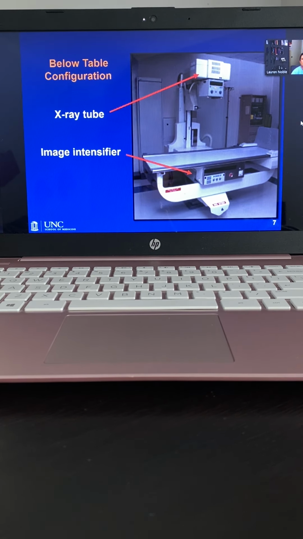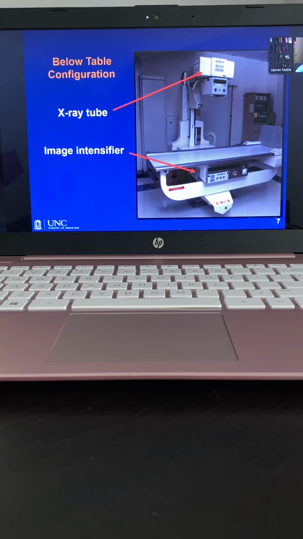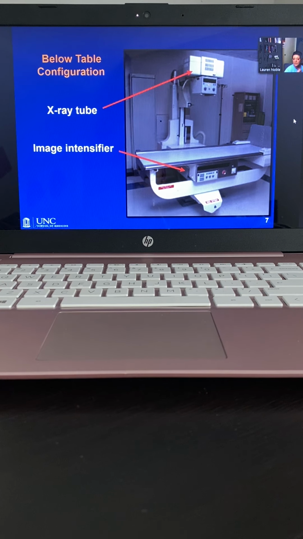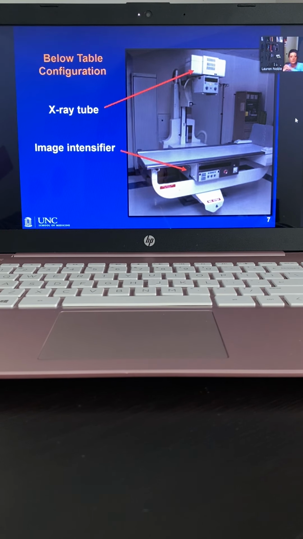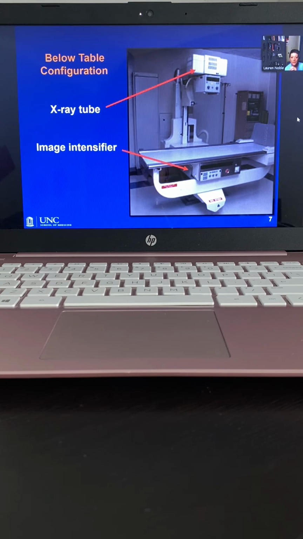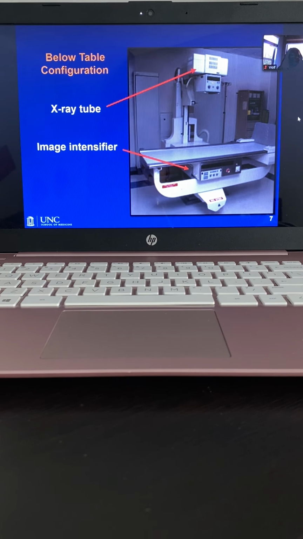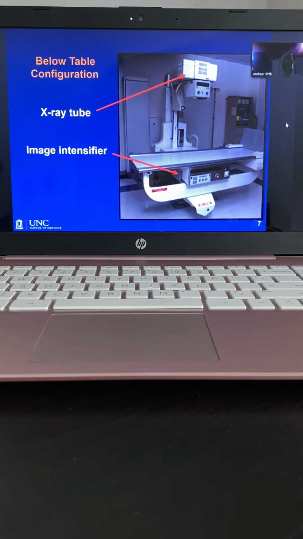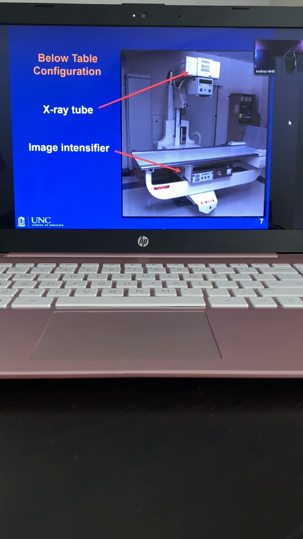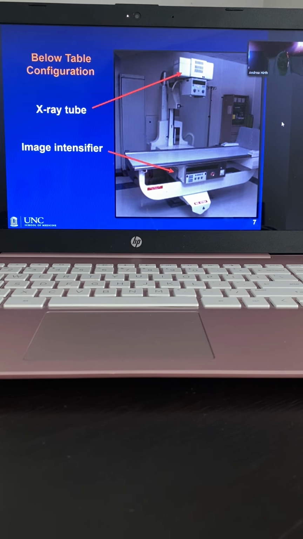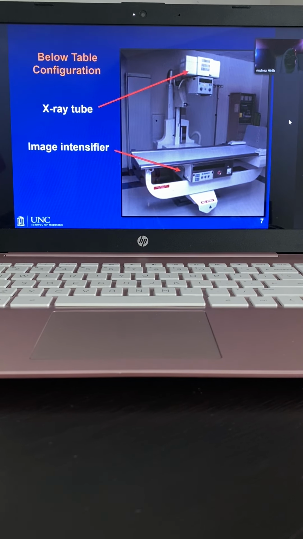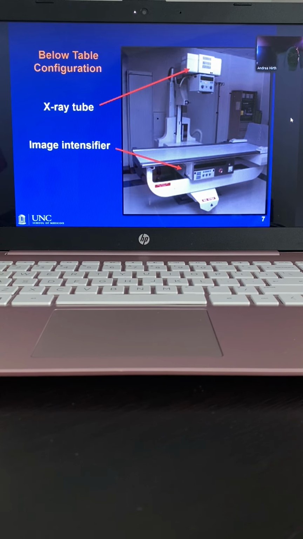Okay. Those of you that were in fluoro, did you work with a below table configuration? Or was the image intensifier above? What did you work with? Do you remember? Above. And I actually spent a little bit of time in fluoro and peds my first week, and I found it interesting that there was a radiologist student in the room, and her instructor was in there with her and asked her where the radiation was coming from, and she didn't give the right answer.